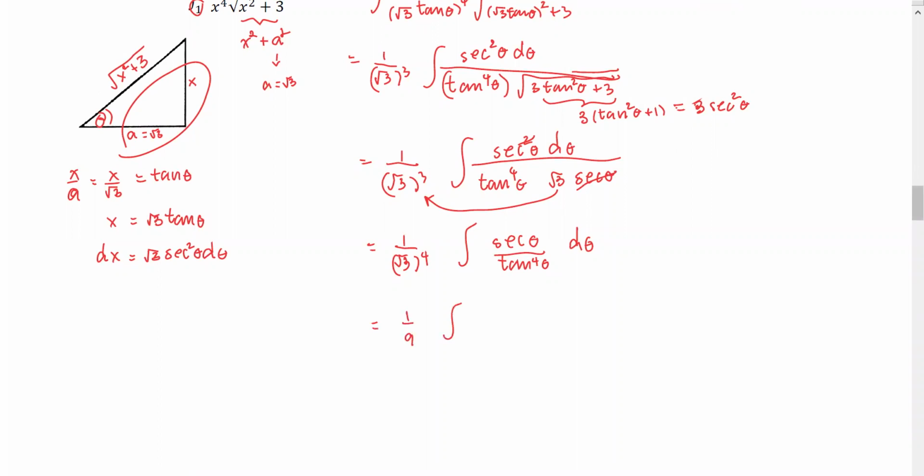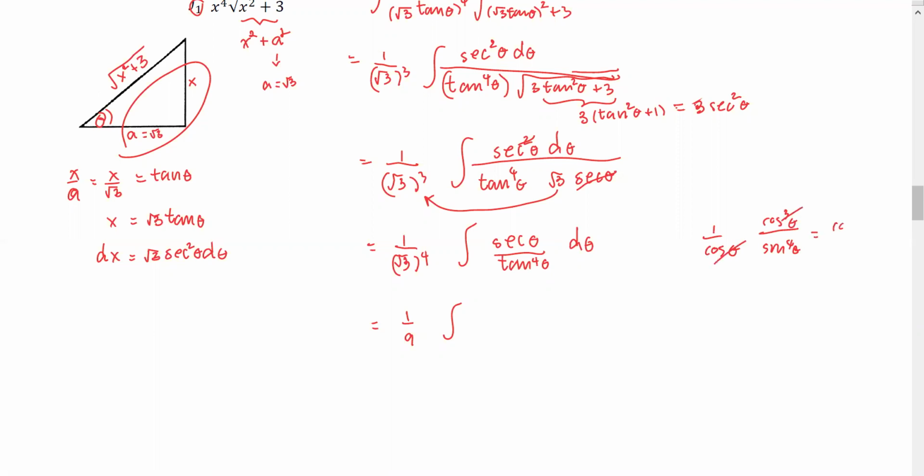Now we're going to rewrite it in a form that we have seen in the previous example, previous chapter. The secant theta is the same as 1 over cosine, and the tangent to the fourth is sine to the fourth divided by cosine to the fourth. We can rewrite it on the top here, and then rearrange the terms.